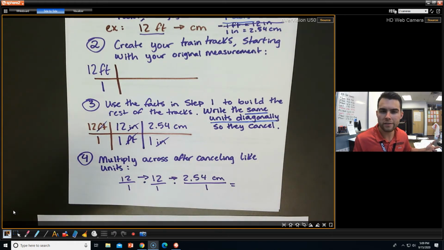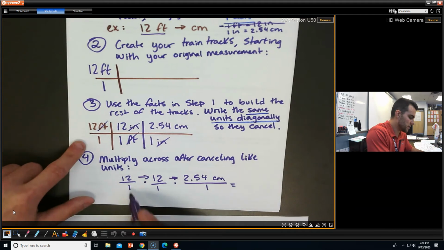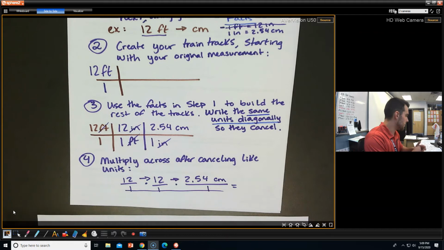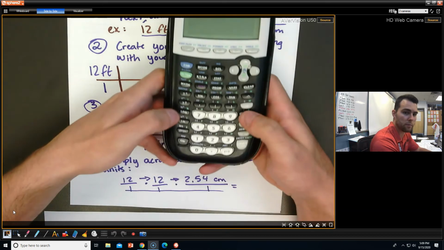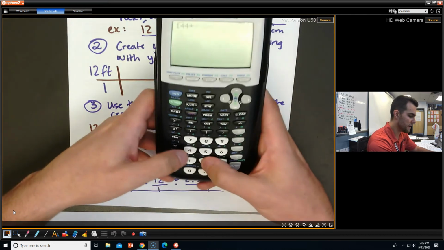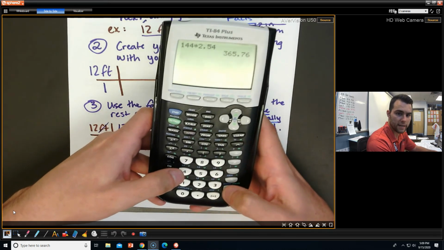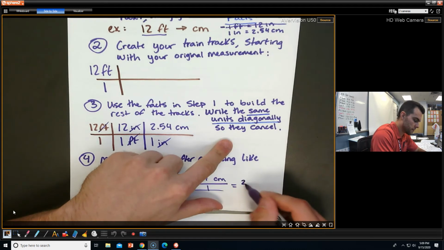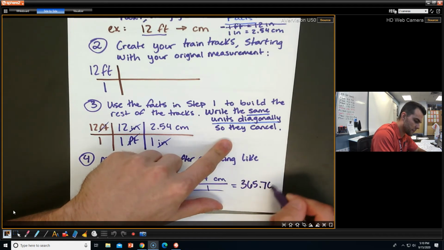Anything over 1 is just itself, so I don't even need to worry about the bottom. It's all 1s. But on the top, I might want to bring out my calculator. I know 12 times 12 is 144, and then I multiply that by 2.54. And I get 365.76 centimeters.